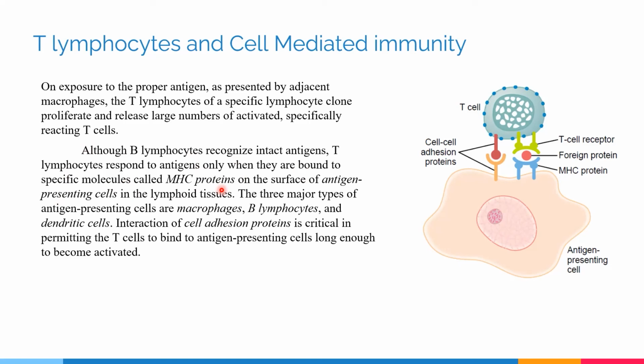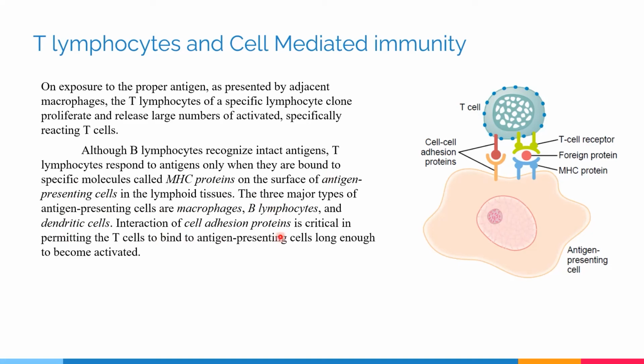Sorry, the T lymphocytes bind to antigens only when they are bound to specific molecules called major histocompatibility complex proteins on the surface of the antigen presenting cells. The three major types of antigen presenting cells are macrophages, B lymphocytes, and dendritic cells.